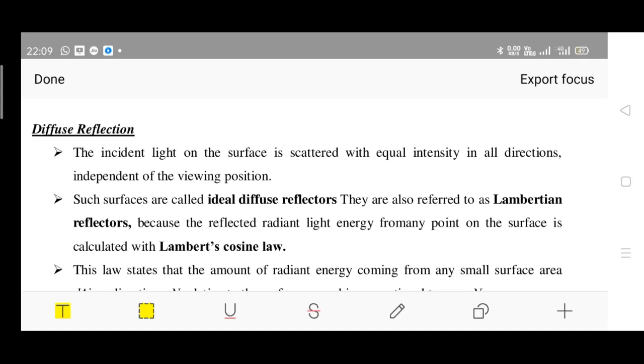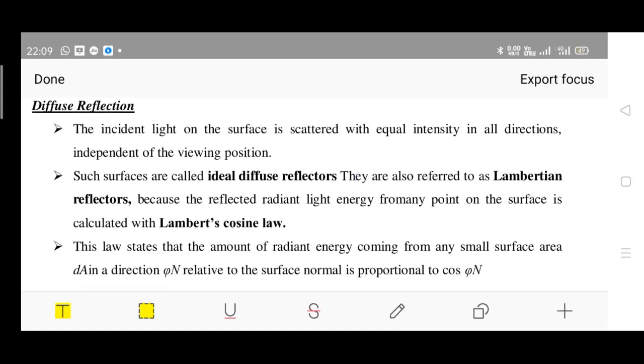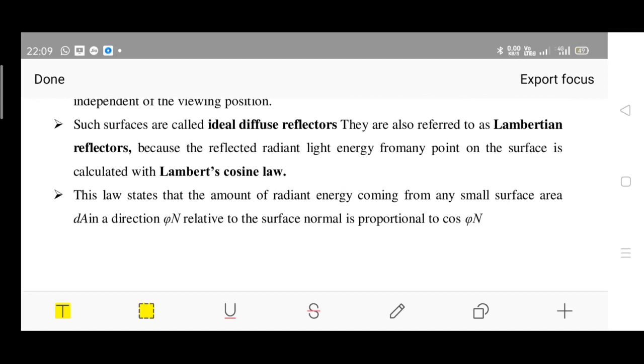We'll be seeing the definition of Lambert's law later. Keep this in mind. Lambert's cosine law states that the amount of radiant energy coming from any small surface area dA, in a direction phi n relative to the surface normal, is proportional to the cosine of the angle, that is cos phi n.